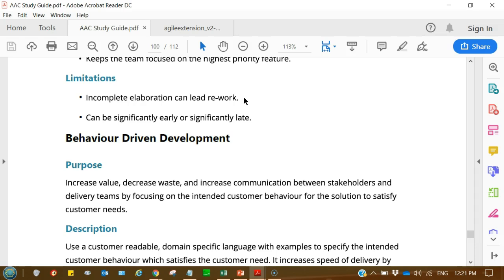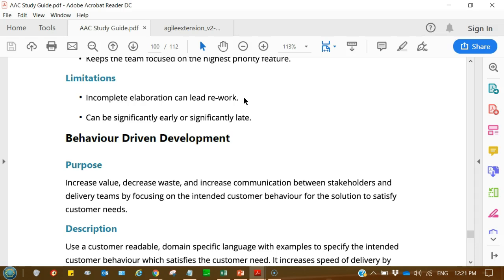Definition of ready being what does the delivery team need in order to be able to move forward with a specific item. Definition of done, what does the project team need in place in order to determine that an item is acceptable for completion. So they tie together. They do tie together.